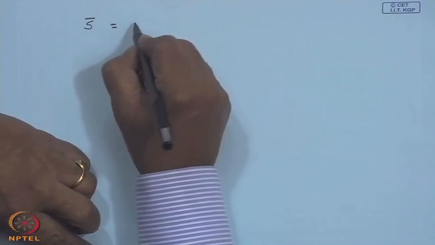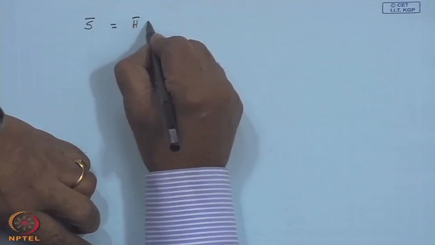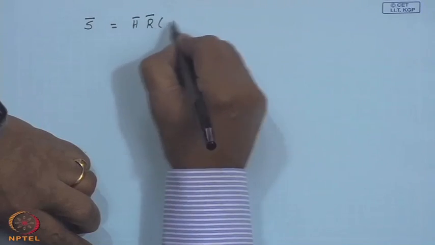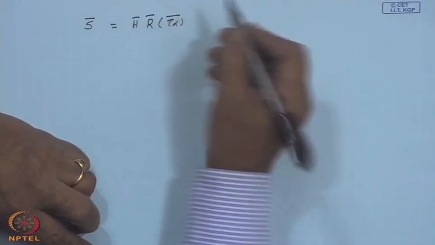So, the absorbed radiation S bar is given by H bar R bar times tau alpha bar.